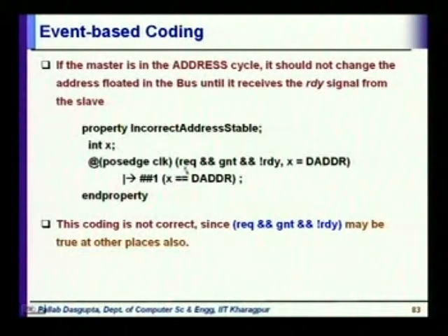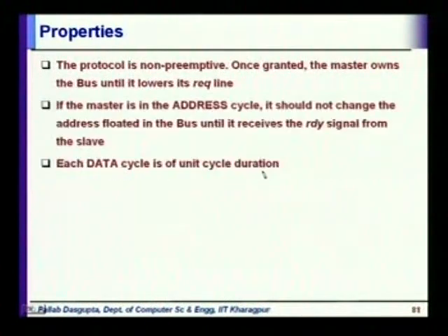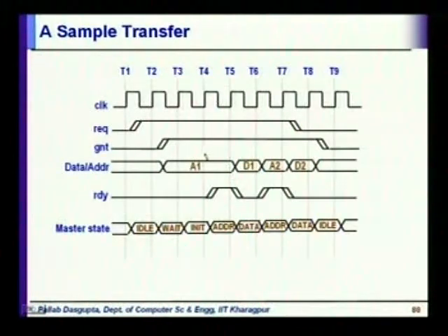Under what condition? Request and grant and not ready. Why request and grant and not ready? Let us look at this situation. We had request, look at this cycle, we had request, we had grant, and we had not ready. So the address has to be held.